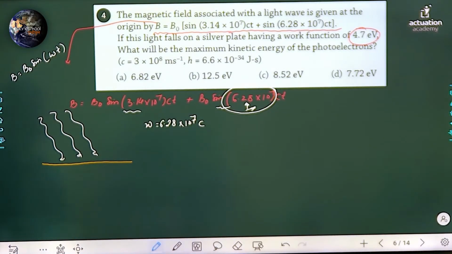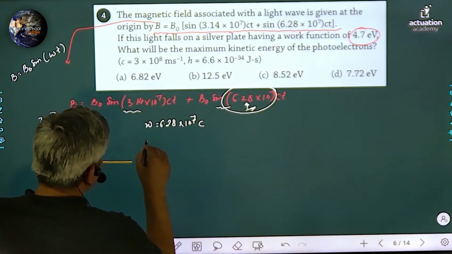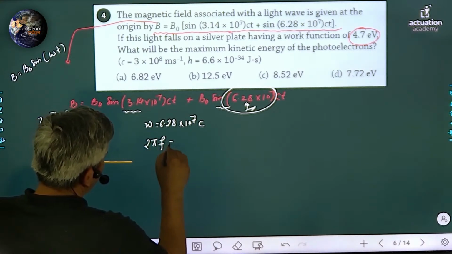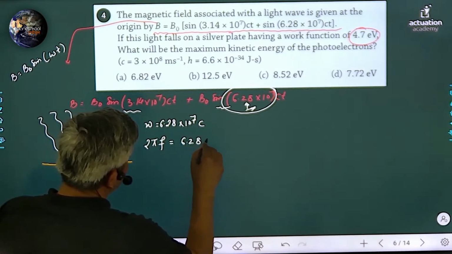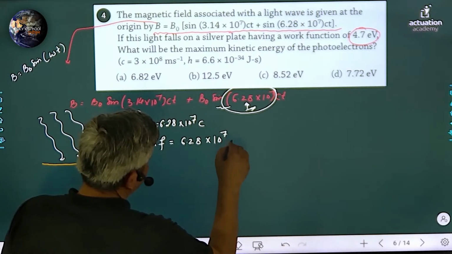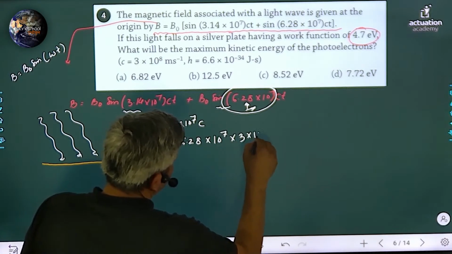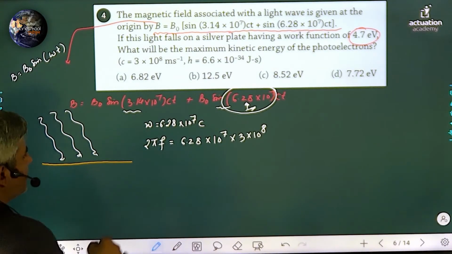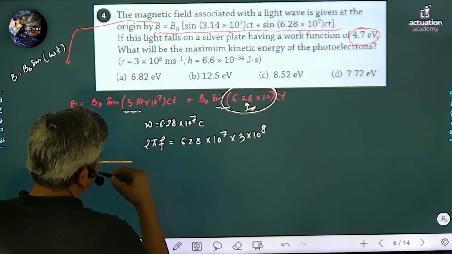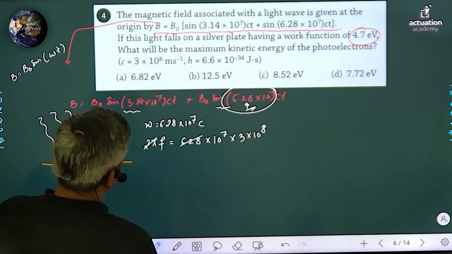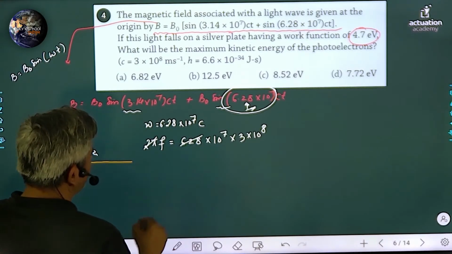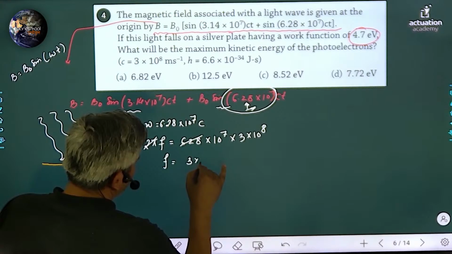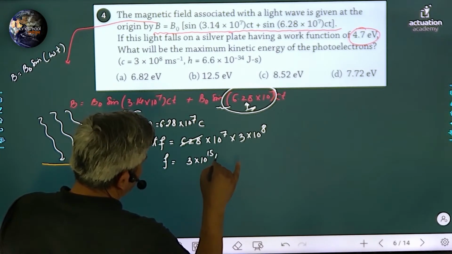Now omega is equal to 2 pi f, which is 6.28 into 10 raised to power 7 into 3 into 10 raised to power 8, the speed of light. If I take pi as 3.14, then 2 pi and 6.28 simply cancel out. The incident frequency is 3 into 10 raised to power 15 hertz.